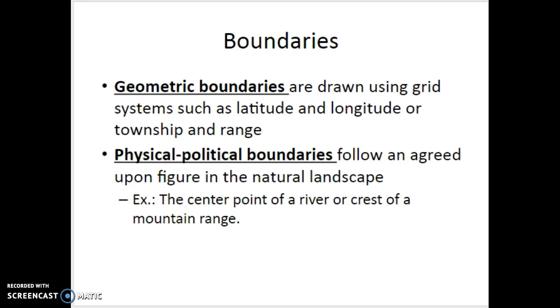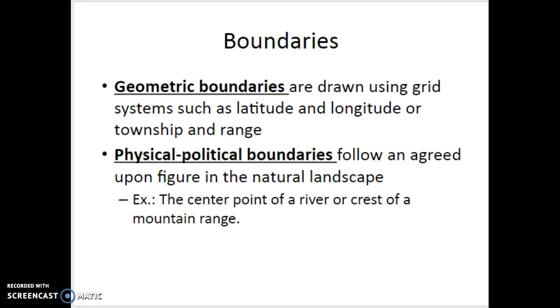So in the start of the flip lecture, I want to basically distinguish two main categories, and I could even argue maybe a third category, of the different types of boundaries. The first one on the screen is geometric boundaries. Geometric boundaries are boundaries that use latitude and longitude features.